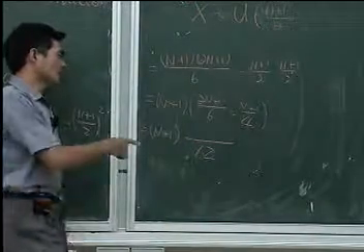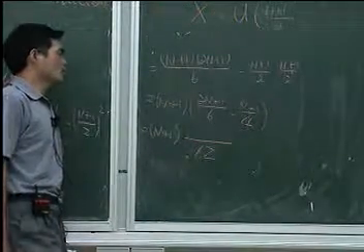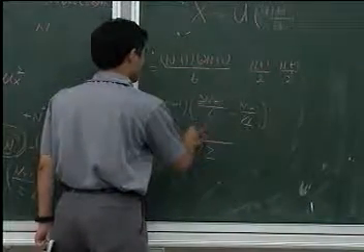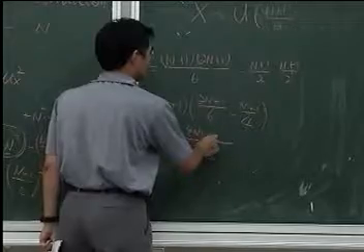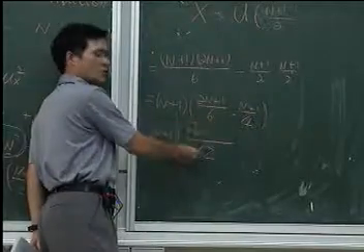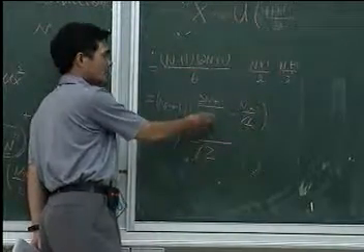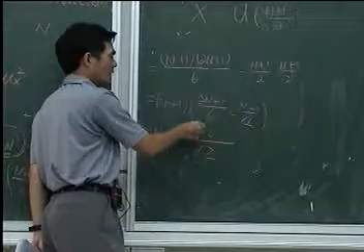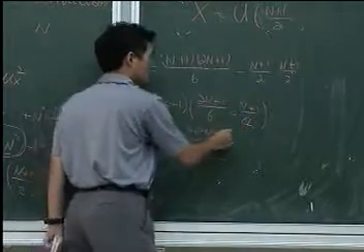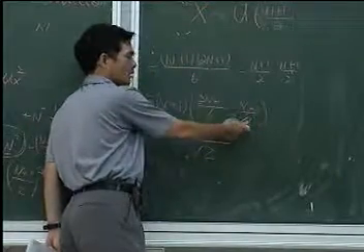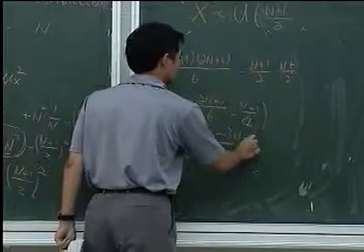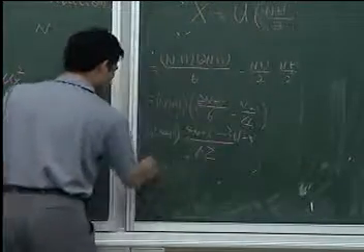So this will be 4n plus 2, because this is 12 and this is 6, so you have to multiply this by 2. So it's 4n plus 2. And minus here, it has to be multiplied by 3. So 3n minus 3.